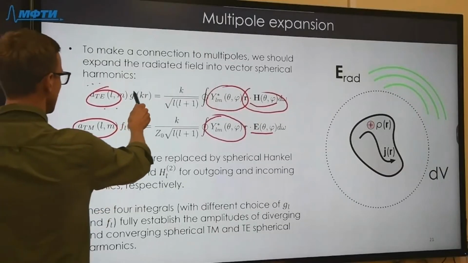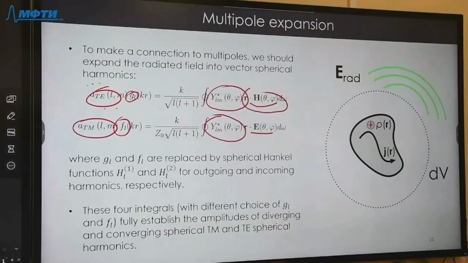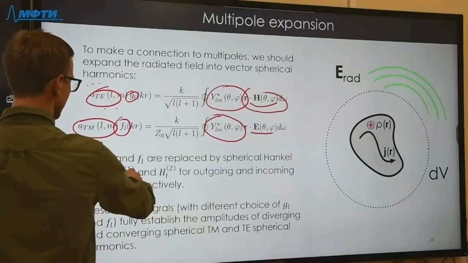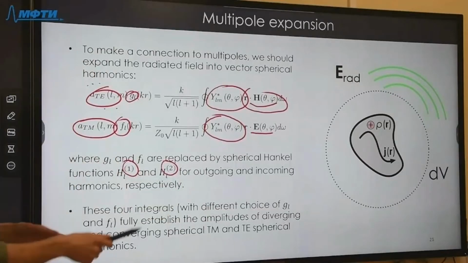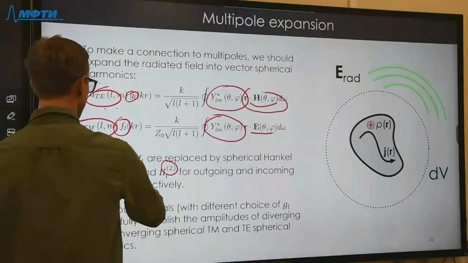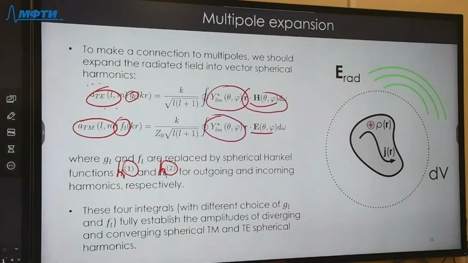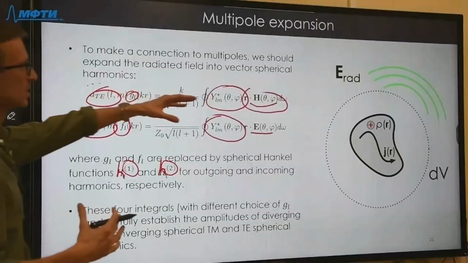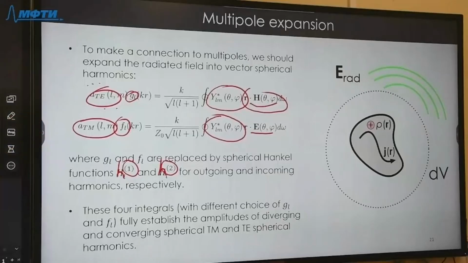So G and F should be the spherical Hankel functions that describe the radial dependence of the fields. And this can be Hankel functions of the first and second kind. H1 corresponds to the outgoing harmonic, and H2 corresponds to the incoming harmonic, because we don't know yet if this field contains only outgoing divergent fields or if it also has certain incoming fields.